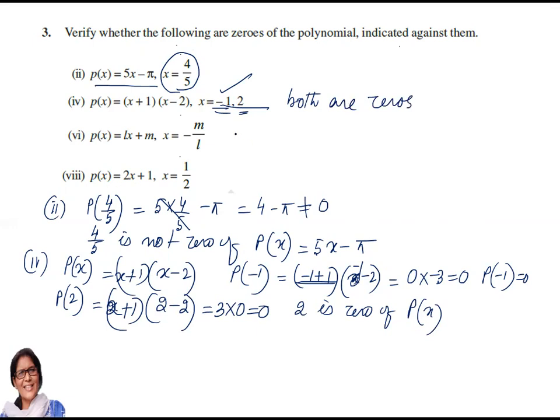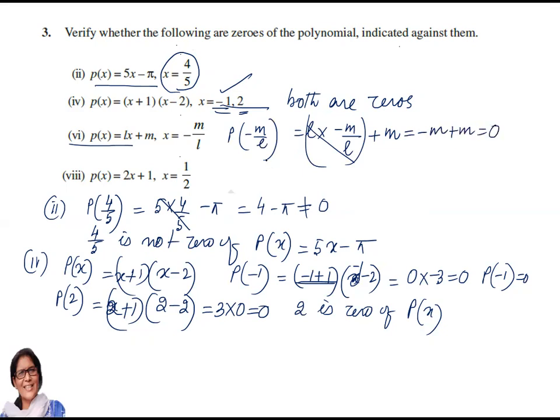Coming to sixth one. So in place of x, I'll put -m by l. So l into -m by l plus m. So this l l cancel, -m plus m is 0. So what is the conclusion? -m by l is 0 of px.